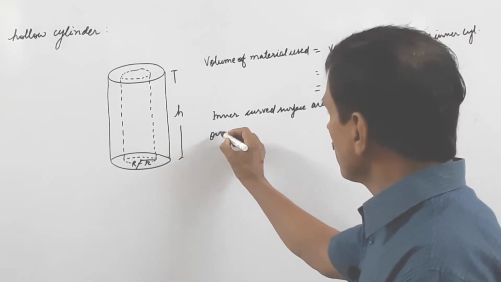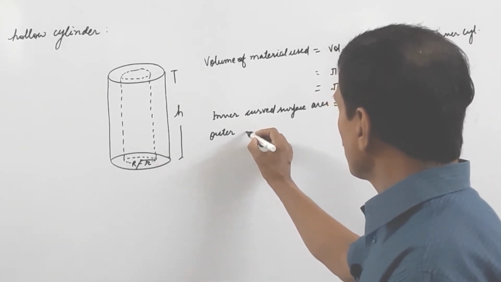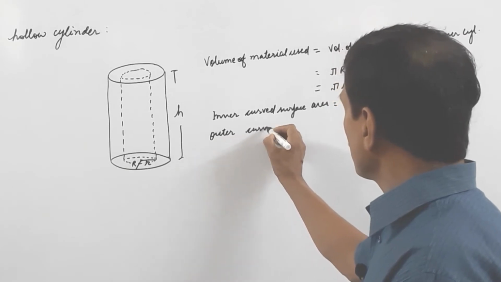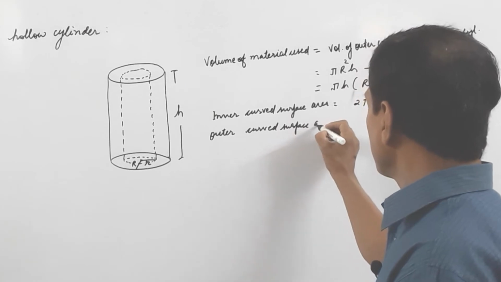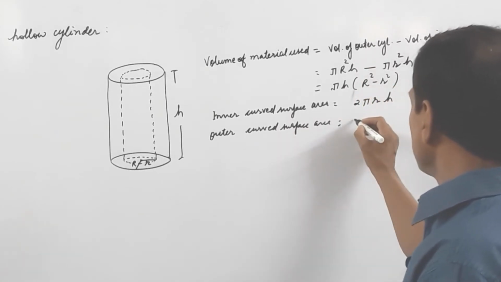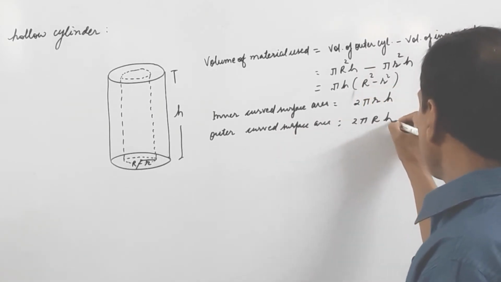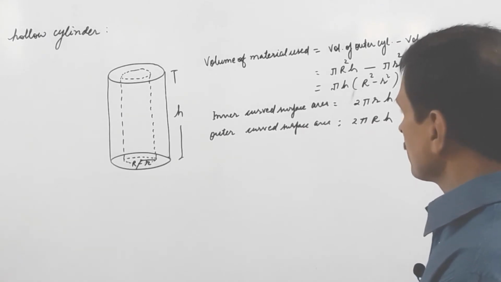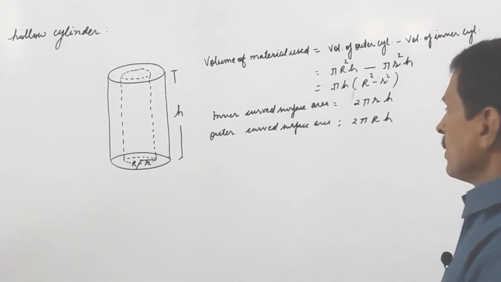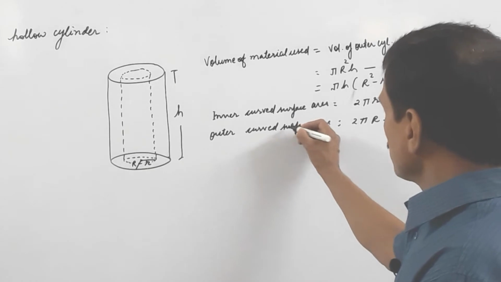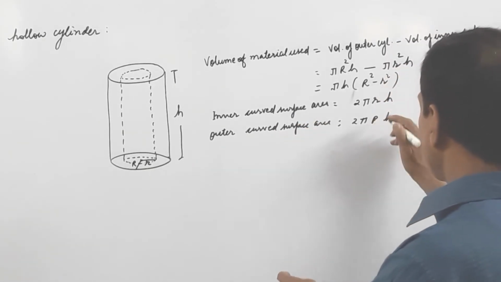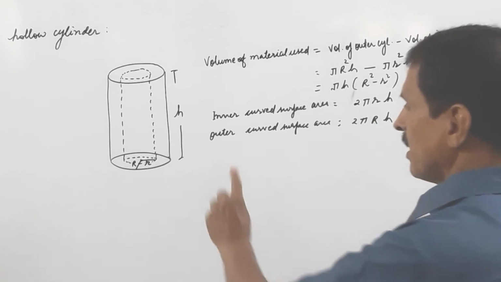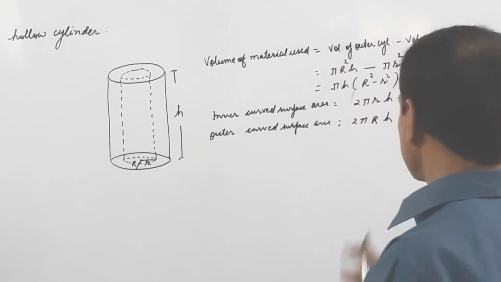Outer curved surface area is equal to 2 pi R h. So outer curved surface area is 2 pi capital R, that is radius of the outer cylinder, into h.